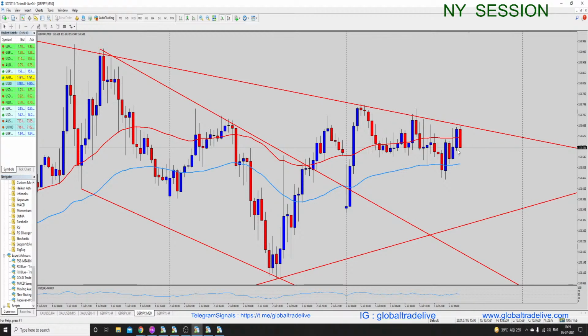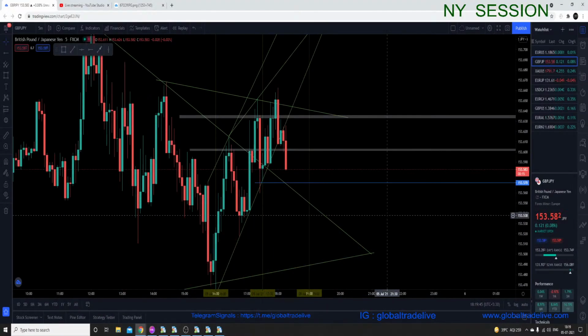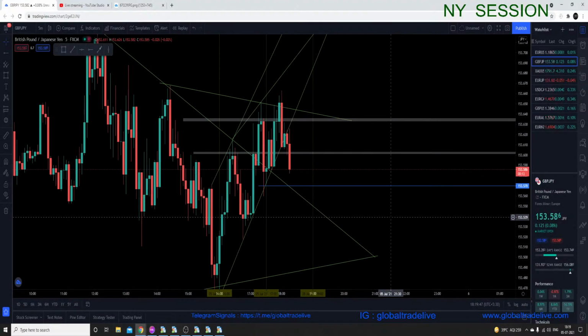Even if this candle breaks this low over here and starts to go down, I really cannot trust this setup. I need some solid information to take the trade, because the ranges are really not good here.